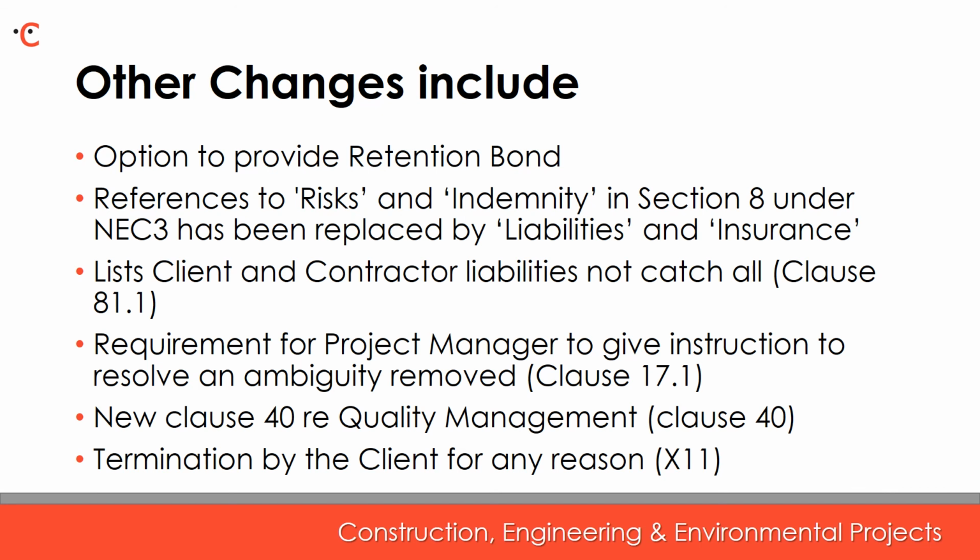There is a new quality management regime in Clause 40, which had been included in the PSC. Finally, there is a new termination at will procedure at secondary option X11. In effect, if the client terminates at will, the contractor is paid its fee on the outstanding balance of the work.